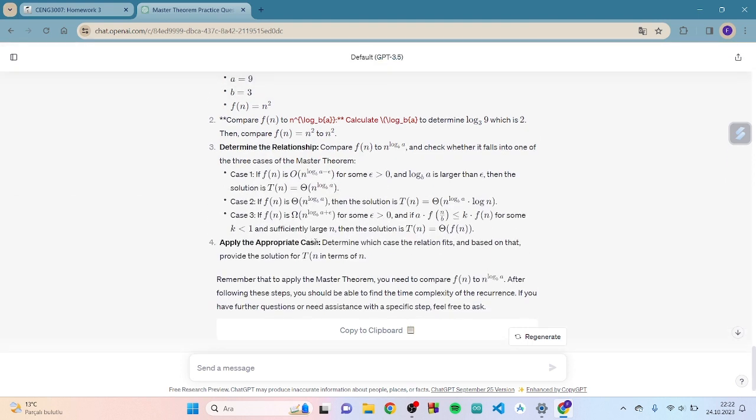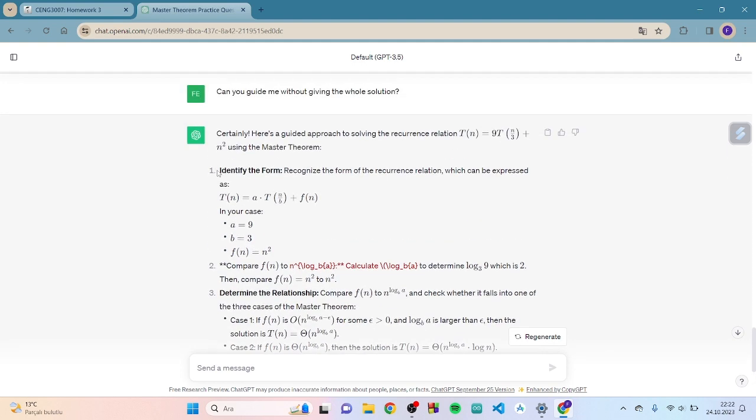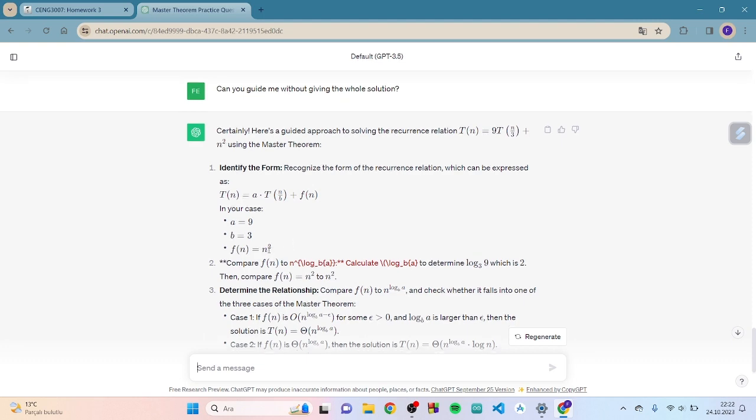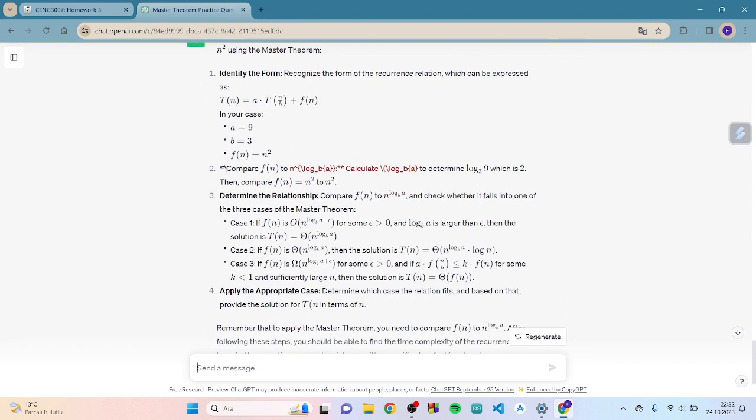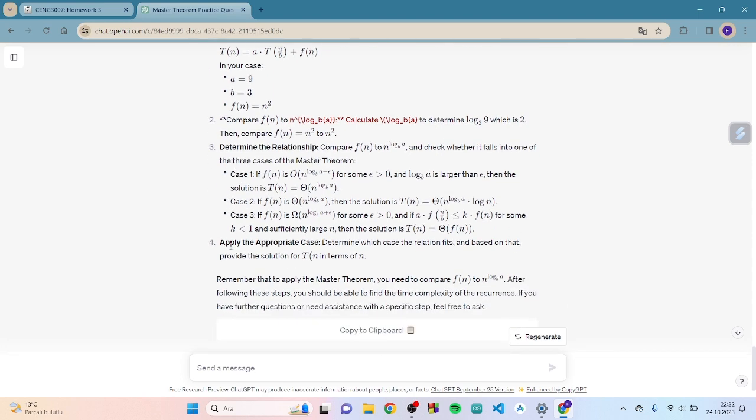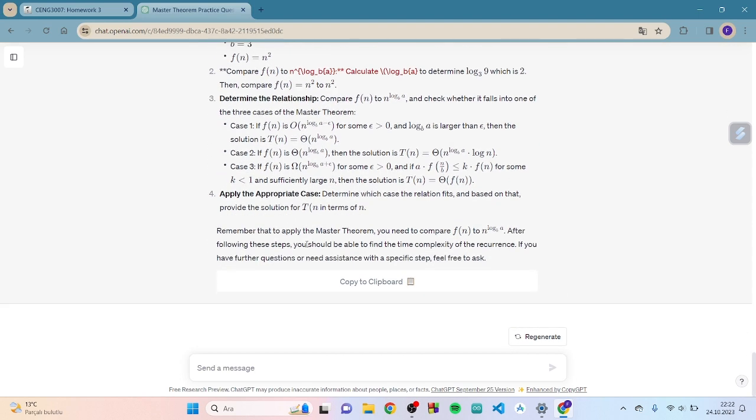And apply the appropriate case. First, identify the form. Okay, I know a is 9, b is 3, and f(n) equals n squared. I know this one. Compare this one, and calculate this one. Determine the relationship, and apply the appropriate cases.